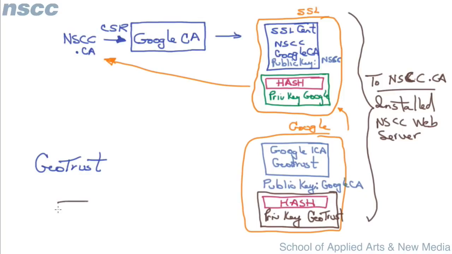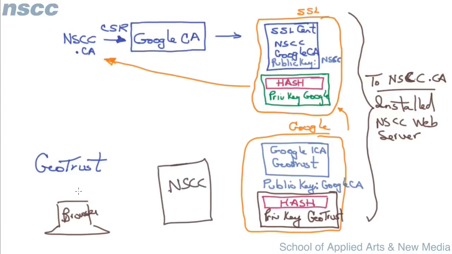Now, when a browser hits the NSCC website, and when it requests an HTTPS or an encrypted type of communication path, what happens is both certificates get sent back to the browser.